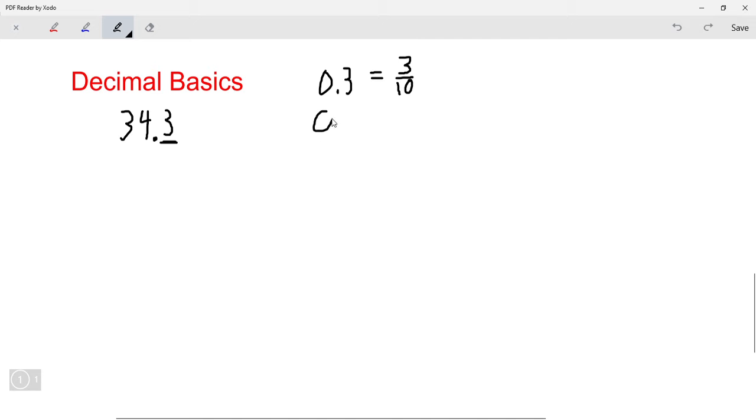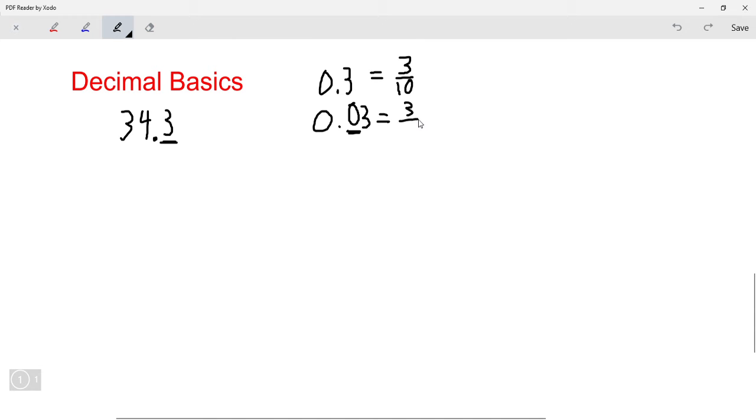Now, if I go here, so this, the first number after the decimal is tenths, the next number is hundredths. So this would be 3/100ths.